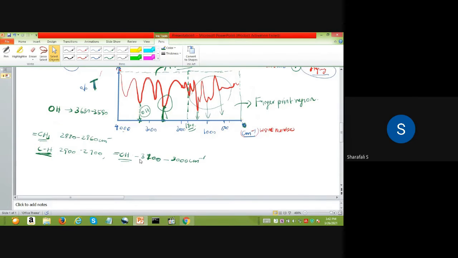For example, if you are having C double bond C kind of bonding, then it is at 1680 to 1600.